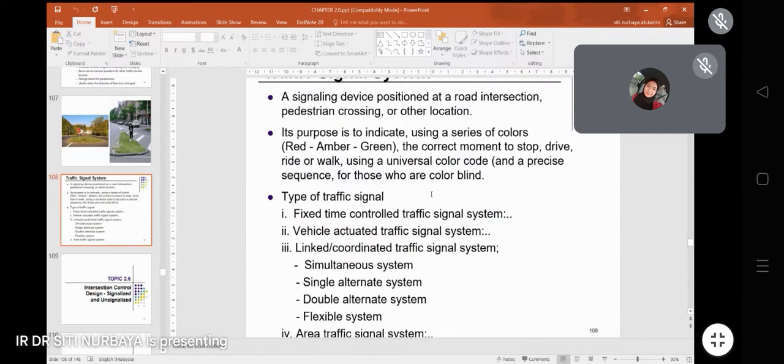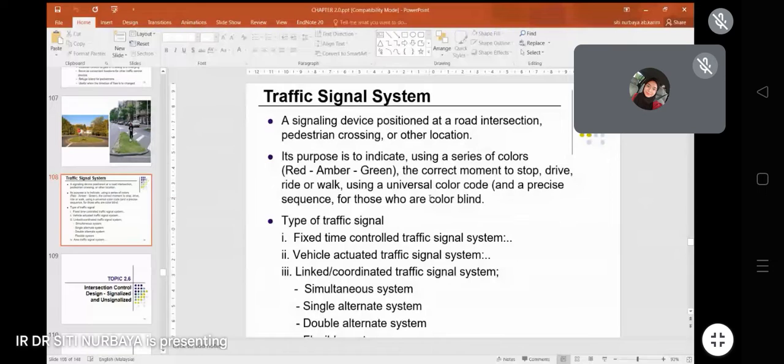And then lastly, okay, one of the traffic control system devices is the traffic signal system. So a signaling device positioned at a road intersection, pedestrian crossing, or other location. So this is describing the signalized junction or intersection.